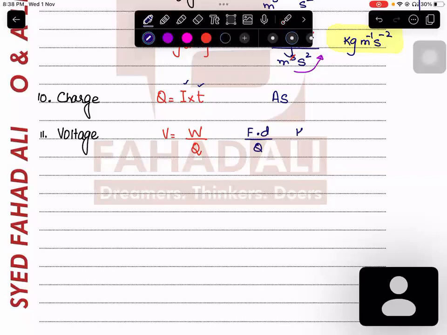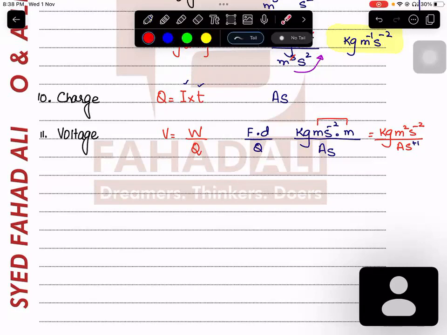So force is kg m s minus 2, and distance is meter, and the charge is ampere second. So meter into meter becomes meter square. So this becomes kg m square s minus 2 over A s. Now simplifying this, now look, this is plus 1, this is minus 2, it cannot cancel. So what you will do is completely move this A s upwards.